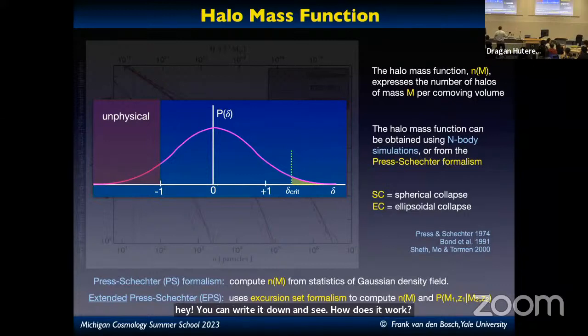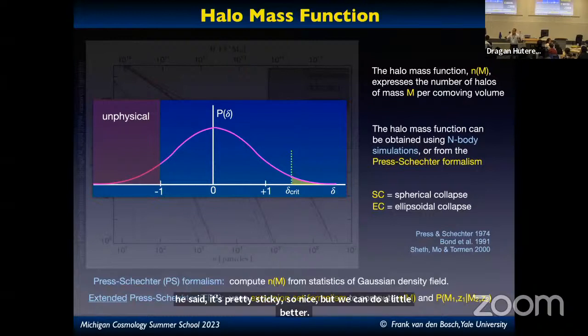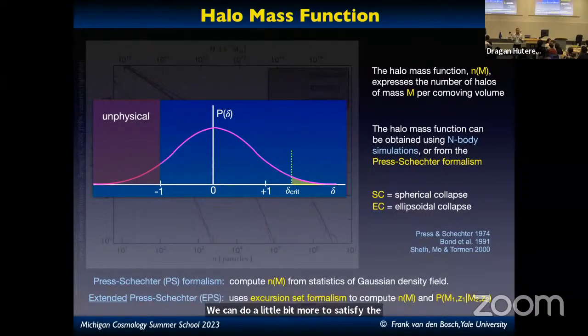Okay? Now, I should point out that in 1991, Bond, Cole, Efstathiou and Kaiser wrote a fantastic paper where they said, this is all nice, but we can do a little bit better. We can do a little bit more, to satisfy the mathematicians. We can do more sophisticated work, and they came up with something known as extended Press-Schechter theory. And extended Press-Schechter theory is based on something called the excursion set formalism.